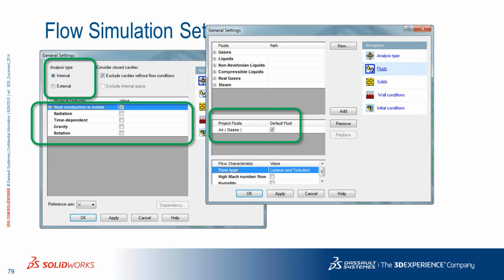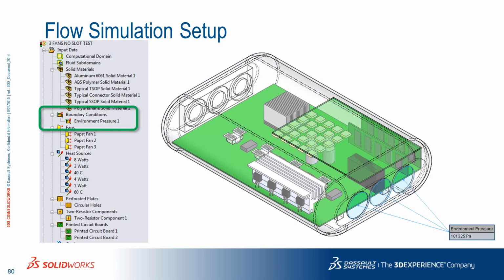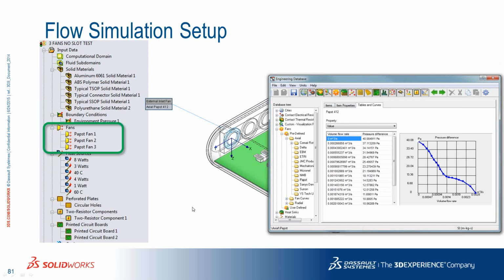Finally, we wrap up the setup by saying that these three holes on the right side are simply going to be exposed to ambient conditions, what we call environment pressure. That's a boundary condition that we apply on the three holes that are exposed to ambient space.